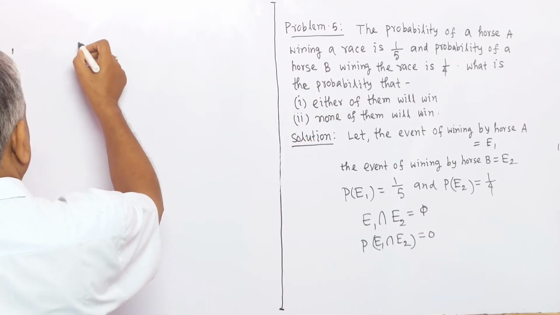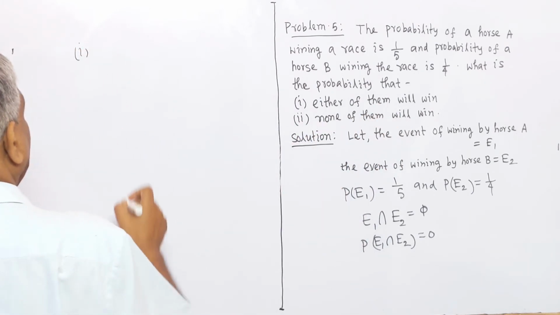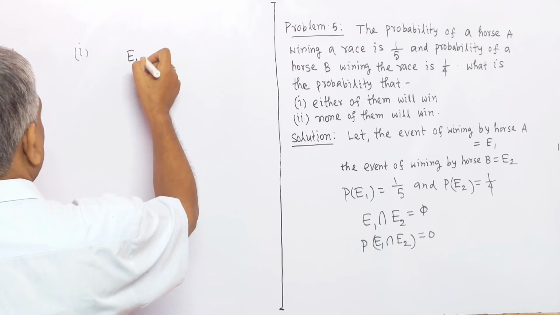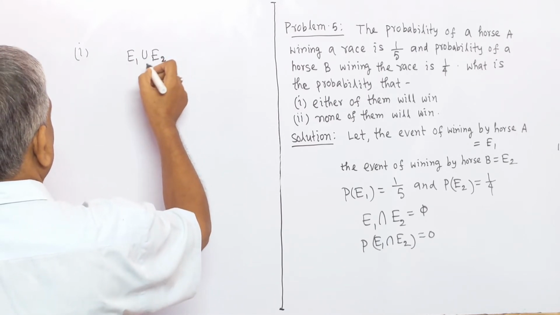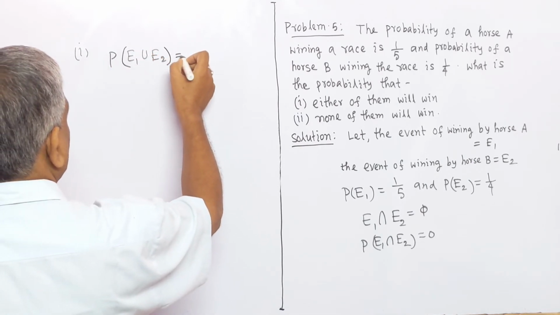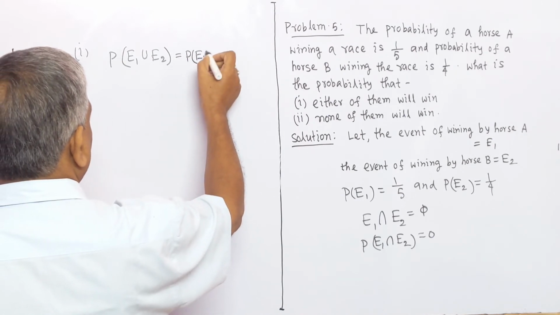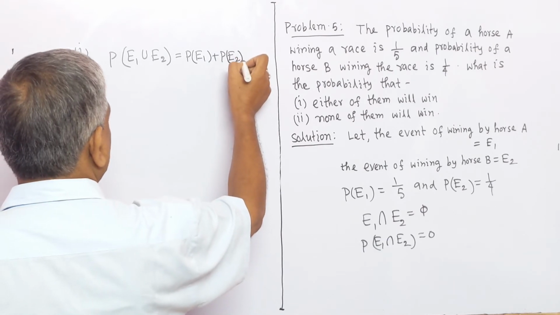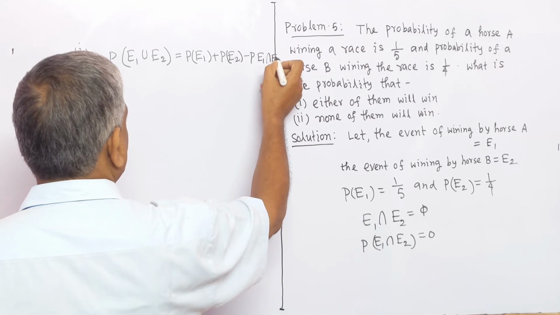Number 1. Either of them will win. Either means E1 union E2. P(E1 union E2) is P(E1) plus P(E2) minus P(E1 intersect E2).